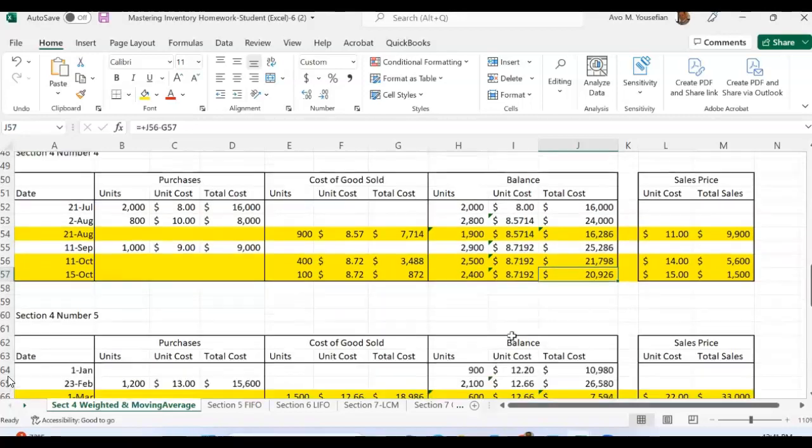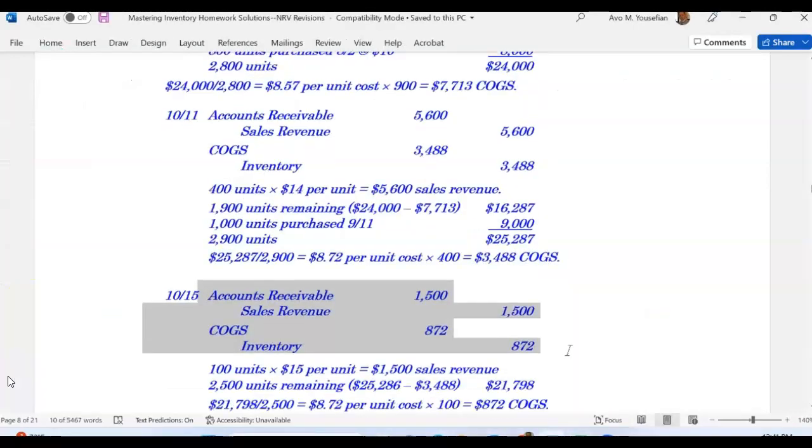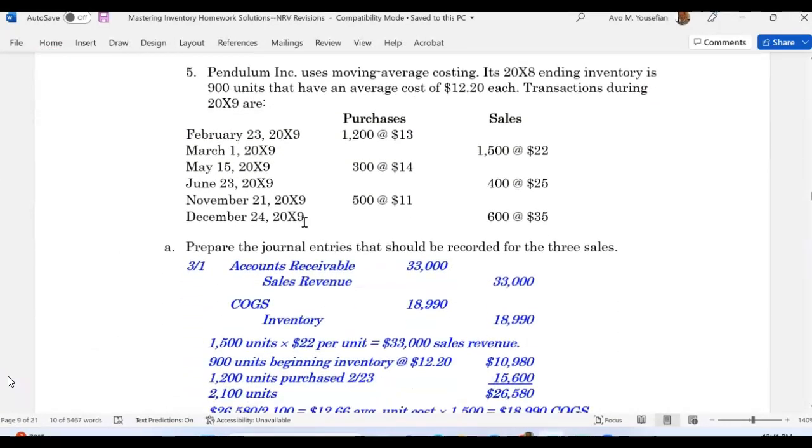Cool. Okay, let's go to section 4, number 5. So in number 5, it says the company uses moving average, that means perpetual. Its 2018 ending inventory is 900 units. So we start with 900 units that have an average cost of 12.20.